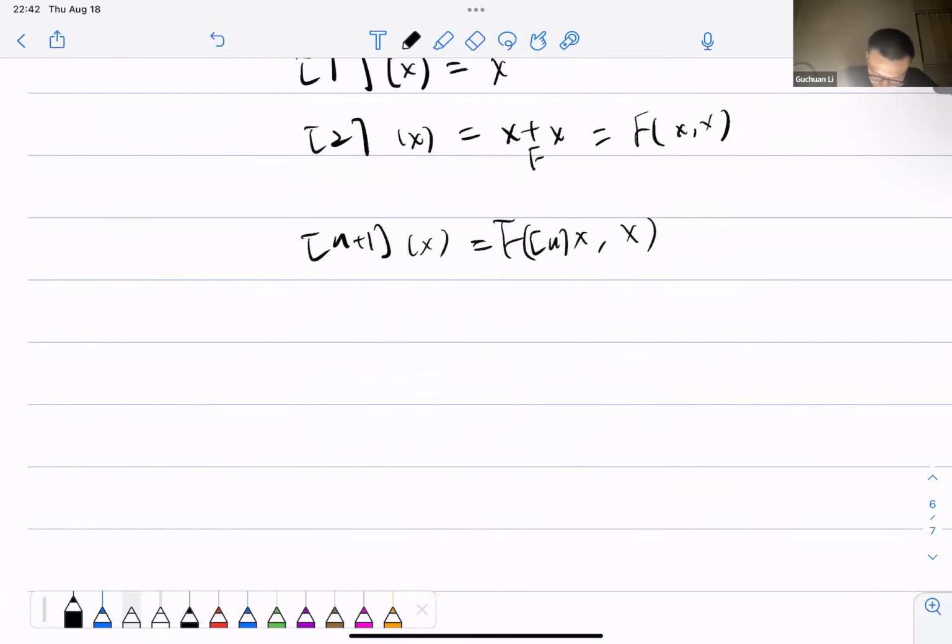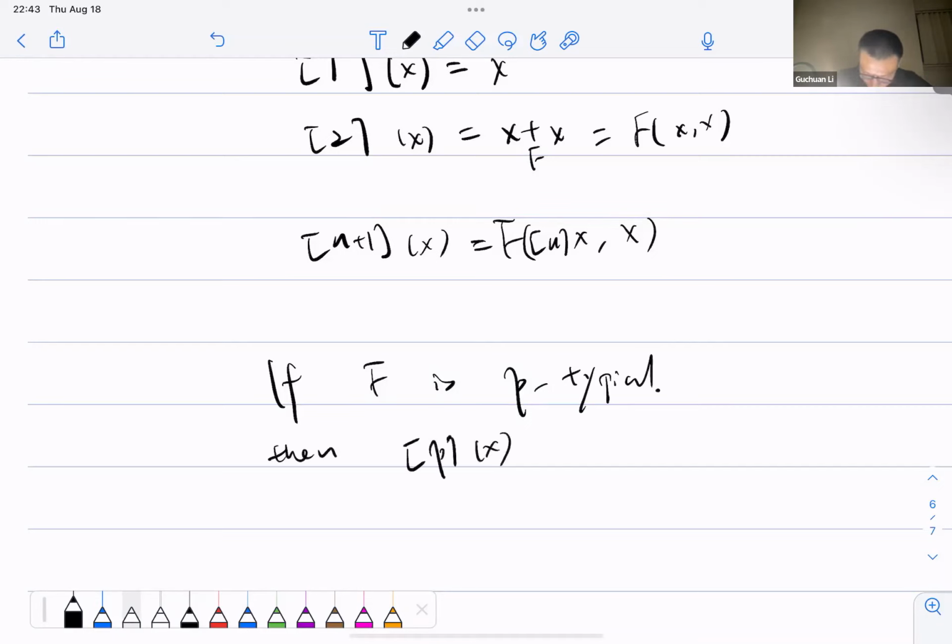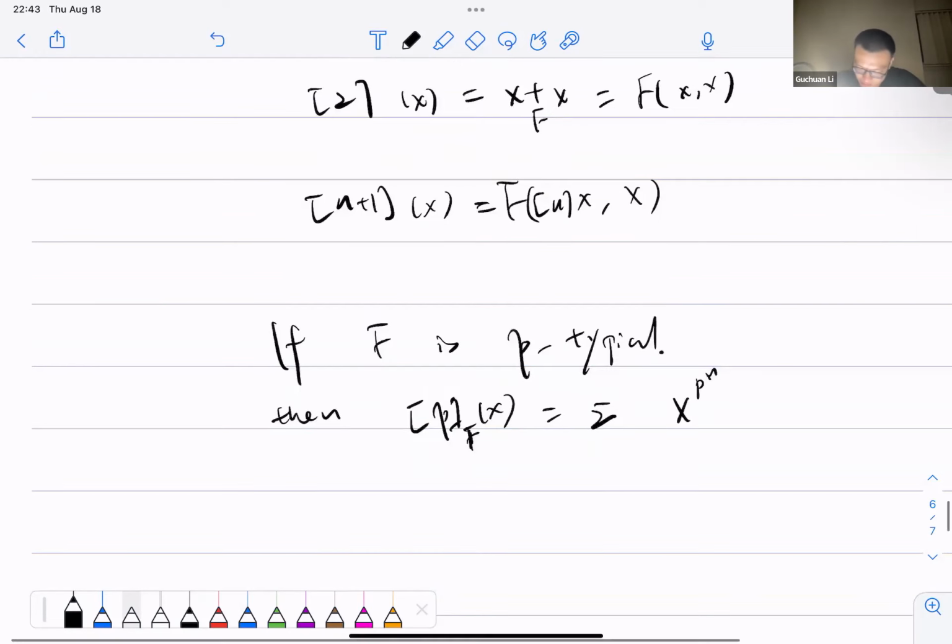In particular, if f is p-typical, then the p series, maybe you can denote it with f here to indicate this one depends on the formal group law f, is of the form x to the p to the n with the coefficients. Let me use Vn here.